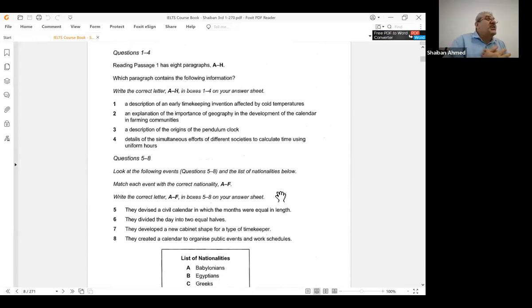Because this is matching ideas, matching examples. So in matching, they do not necessarily come in order. Out of the 5 question types, headings, multiple choice, true, false, not given, summary, all these 4 come in order except matching.